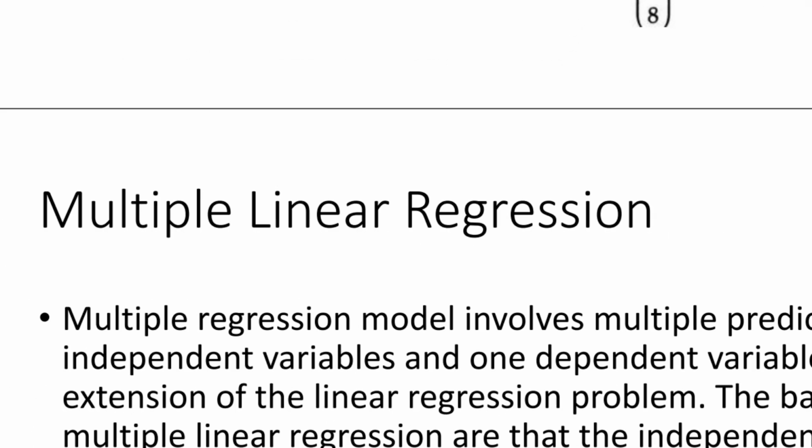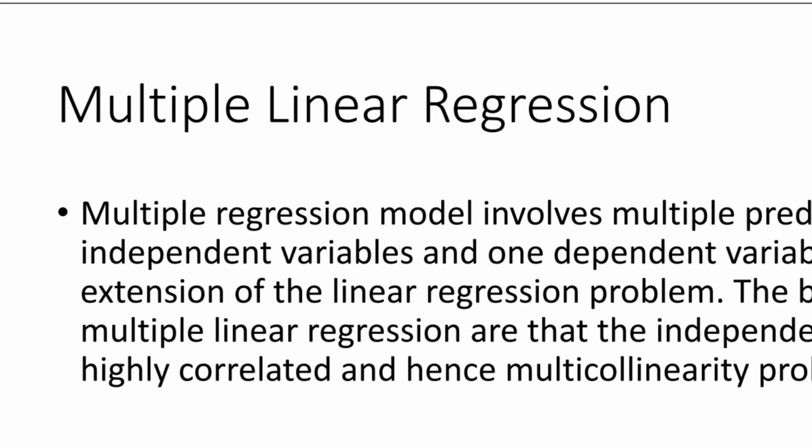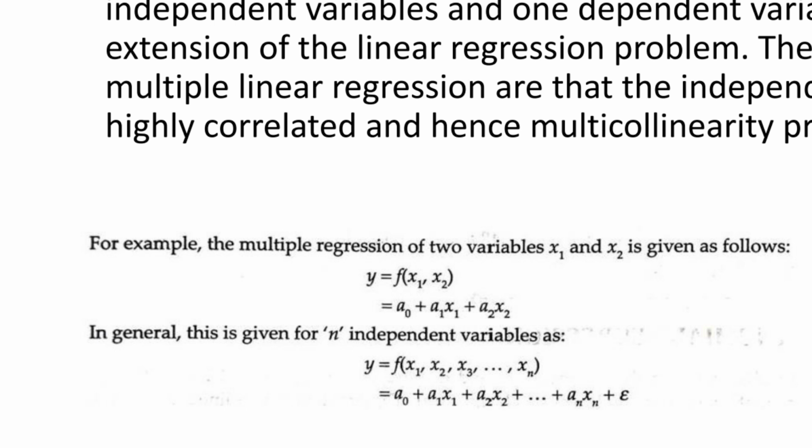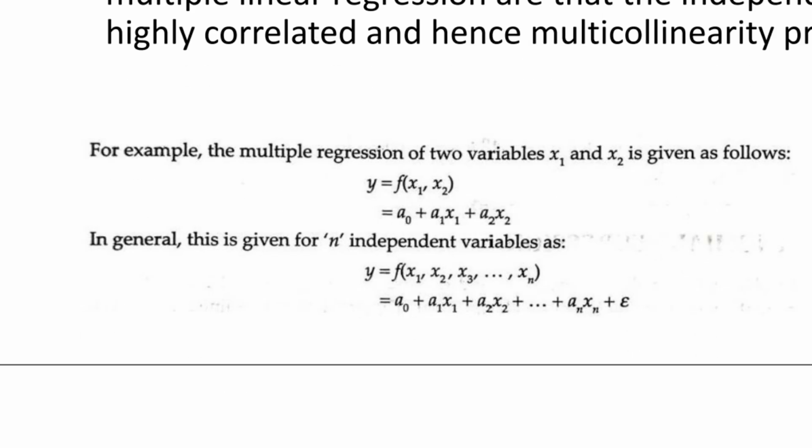So this is about single variable. In the previous case, x is the independent variable and y is the dependent variable. Suppose multiple independent variables are given. The method is same, only the number of variables changes.